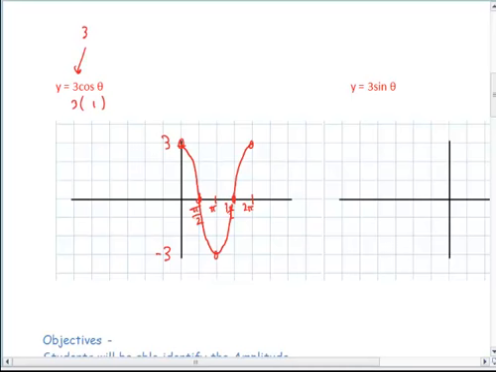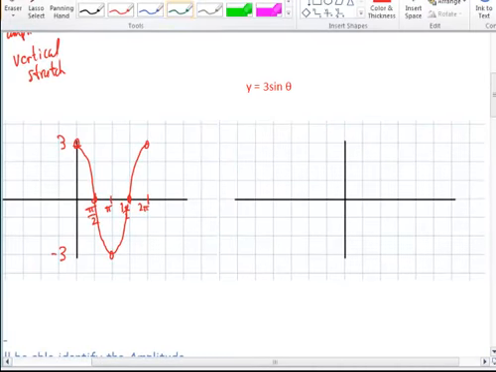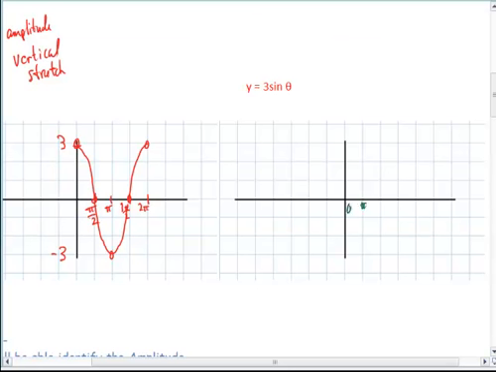It just is stretched by, so this 3 is actually called the amplitude, and it's responsible for a vertical stretch. And the sine function would respond the same way. I'm going to just draw that in green again, and I'll draw my radian values: 0, pi over 2, pi, 3 pi over 2, and 2 pi.